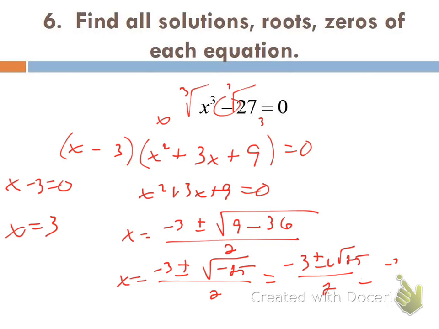And then the square root of 25 is 5. So you get negative 3 plus or minus 5i over 2. You can't simplify your triangle there, and so you're done with that guy right there. Okay?